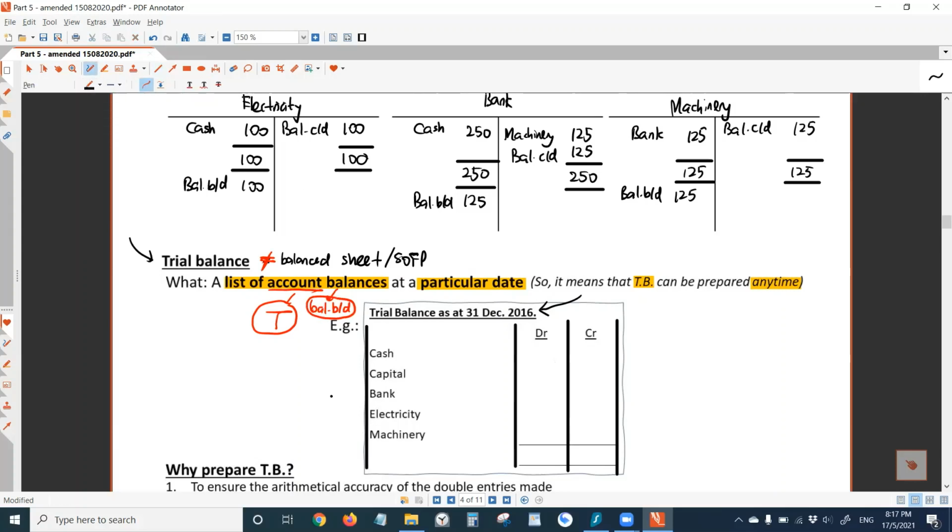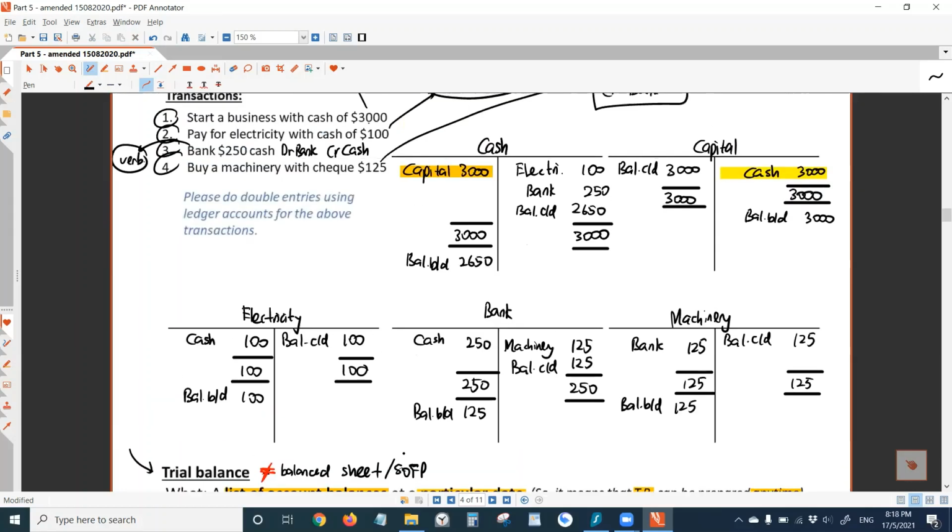Now, I'm going to collect all these balance BD, these account balances. Let me highlight them in purple. I'm going to put them together to form the trial balance. For example, the cash account, the balance is on the debit side, 2650.